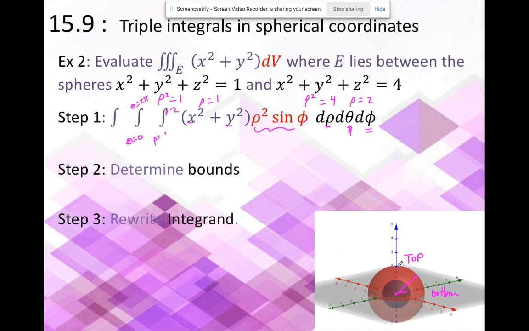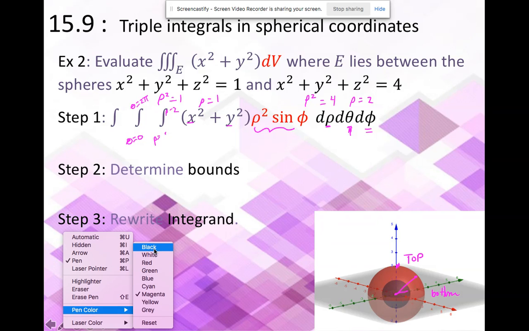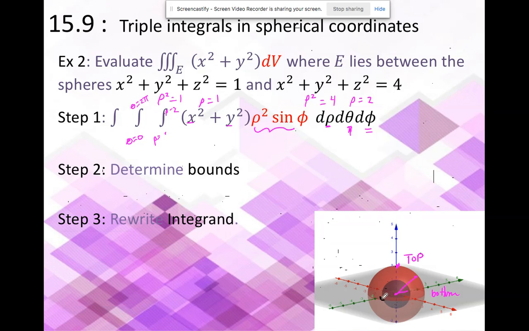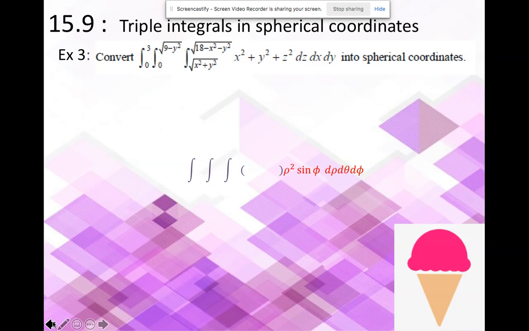Phi is measured from here. Theta was from the positive x, right? I needed to go all the way around. That gets me my whole spin. What about phi? I need to go all the way from 0 to pi.